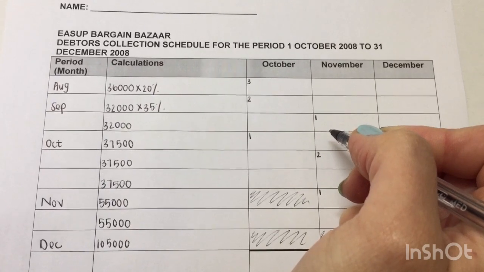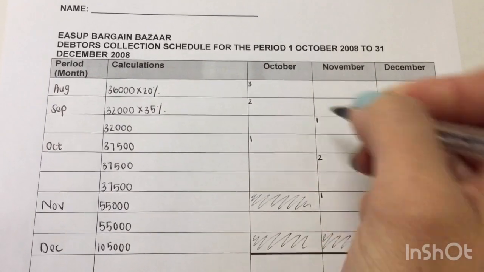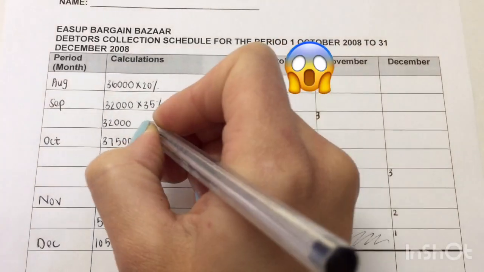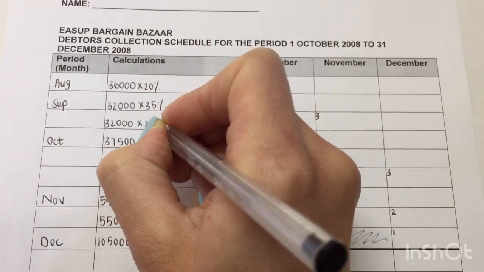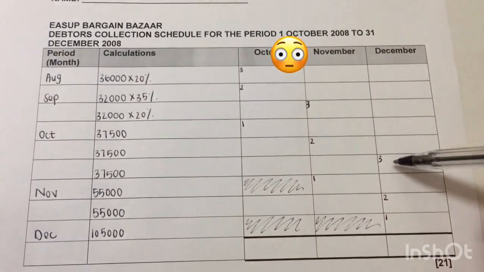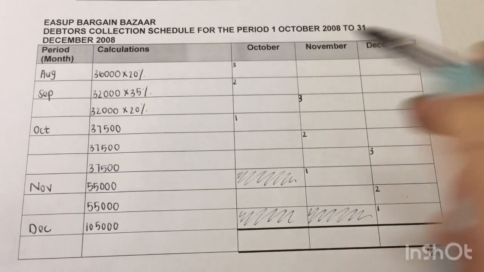Did I do something wrong? That must be a 3, sorry, I'm looking at my thing, I just numbered it wrong. So that will be a 20%, so that it works 3, 2, 3, 1, 2, 3, 1, 2, okay?